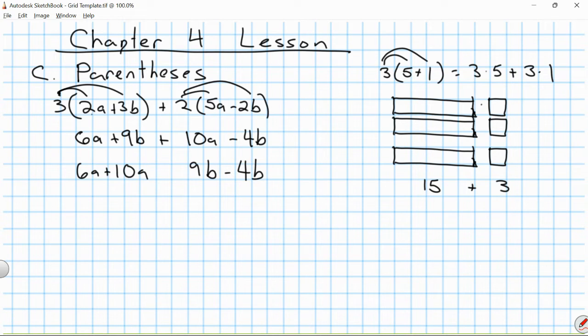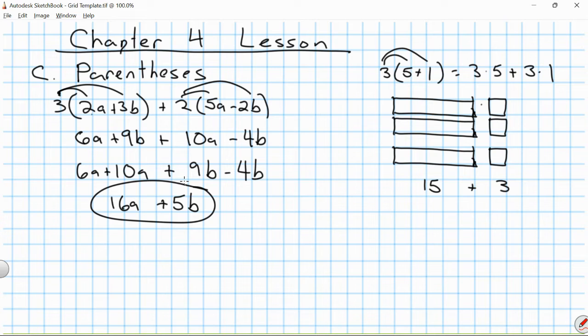So that's what we're going to do, put them together. 6a plus 10a is 16a. And 9b minus 4b, and by the way, I should have a plus on here, 9b minus 4b is positive 5b. And this is the simplified expression. We got rid of the parentheses, we combined like terms, and that's what we did. Yay.